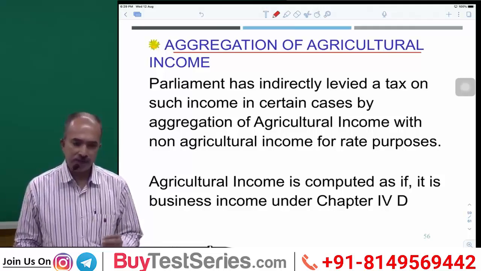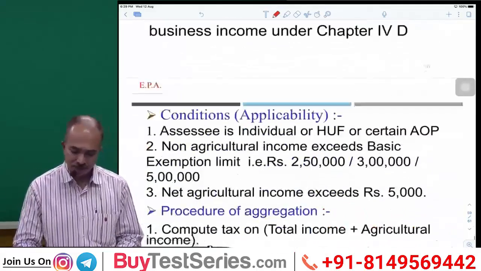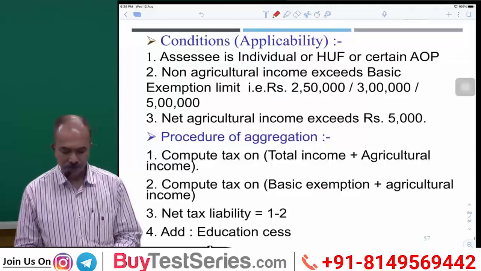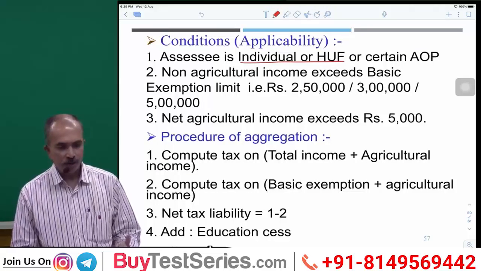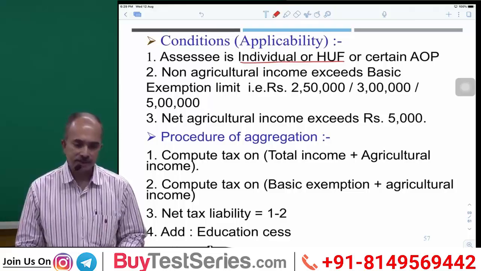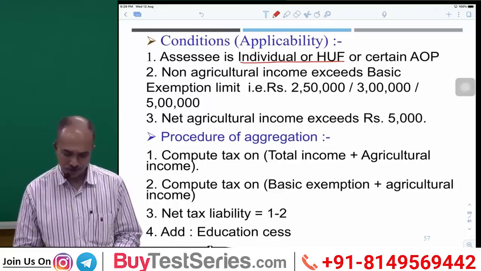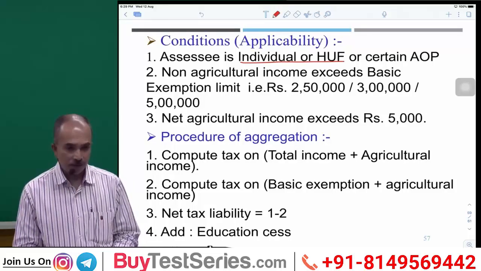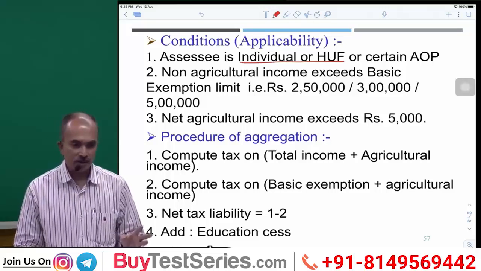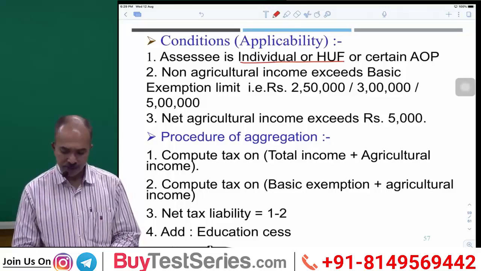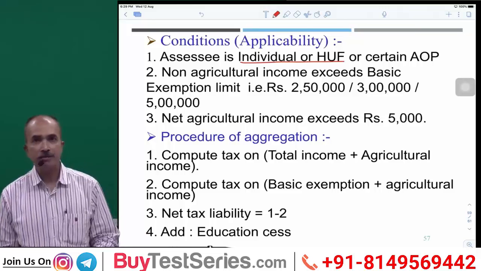So सबसे पहले aggregation of agricultural income कब करते हैं? First thing, assessee should be individual, HUF or an AOP which is taxable at the slab rates applicable to individual. Second important point, your non-agricultural income, that is your taxable income, should exceed basic exemption limit.